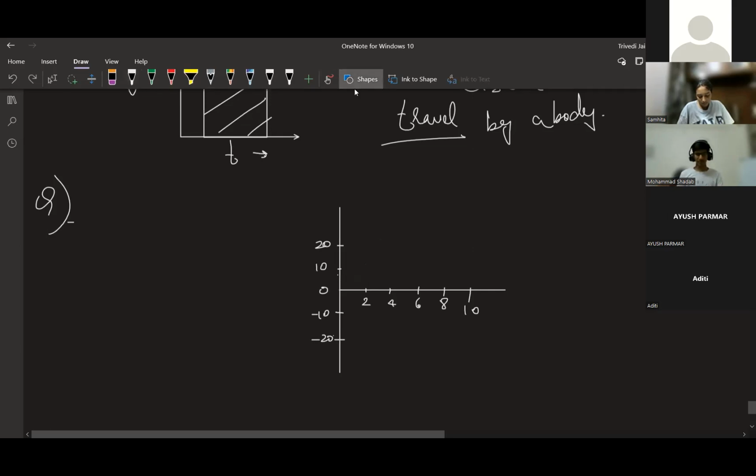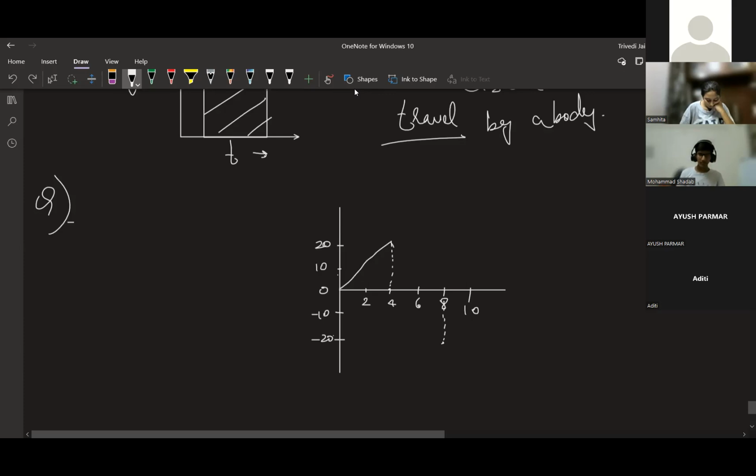It starts from 0. I think my distances are not equal.